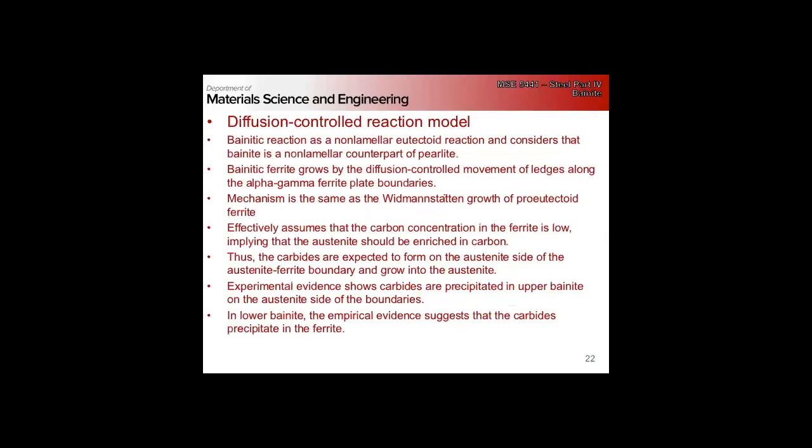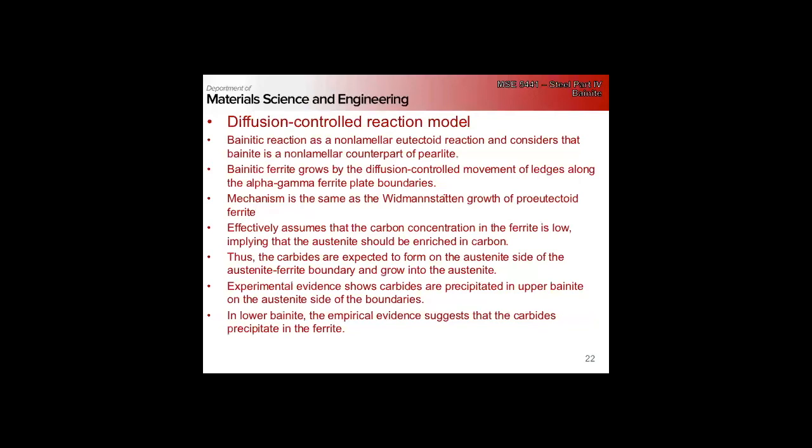The diffusion-controlled theories basically say the growth is controlled by the diffusion-controlled movement of ledges, just like the Widmanstätten, right? So you can think of the diffusion model for Bainite formation as a whole bunch of tiny little Widmanstätten. Instead of growing long things, they only grow short things, right?